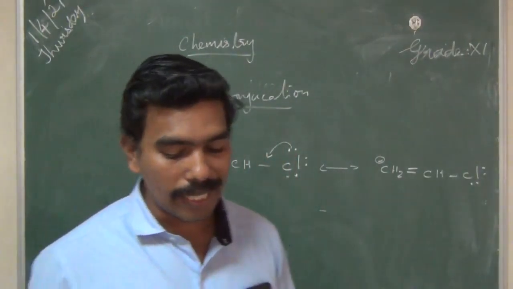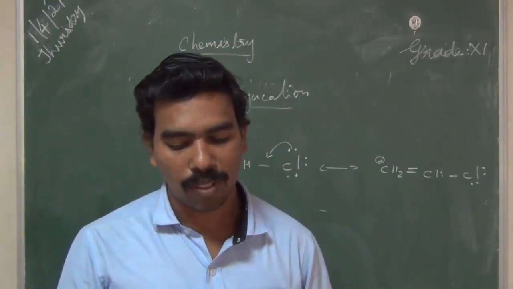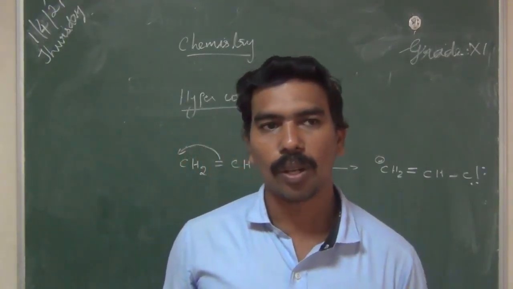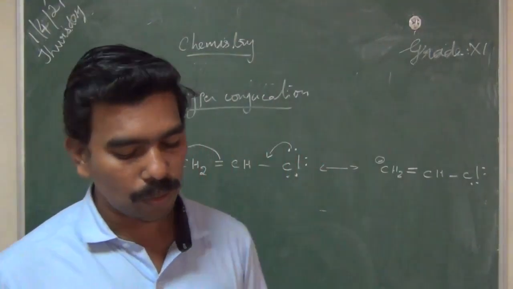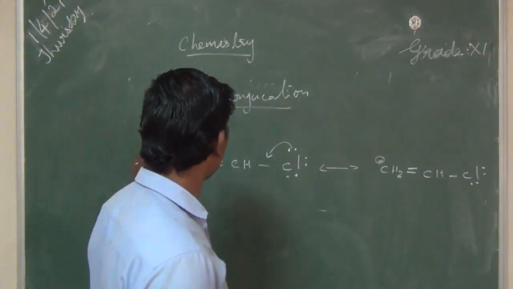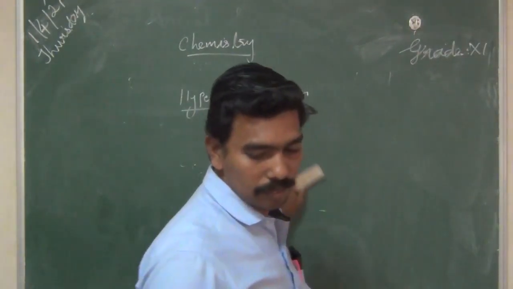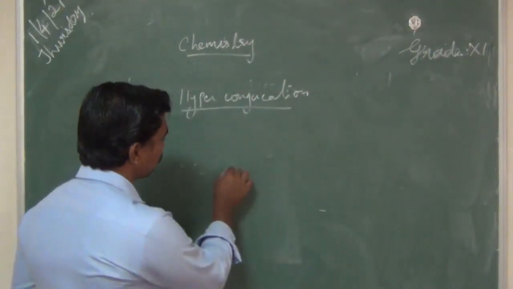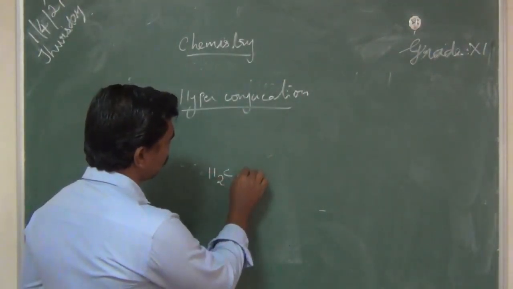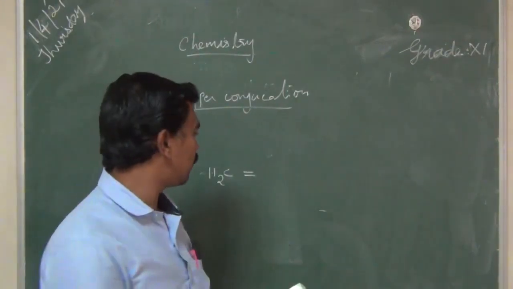Then the third condition is that electronegative atoms or a group of atoms is conjugated with the pi bond. The electronegative atom is here, for example, the cyanide group, also ethyl cyanide.